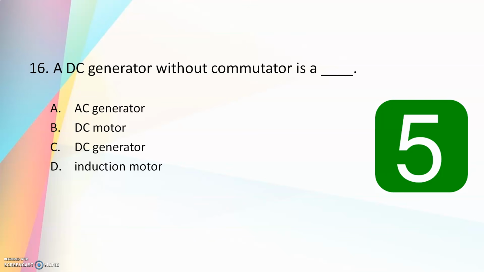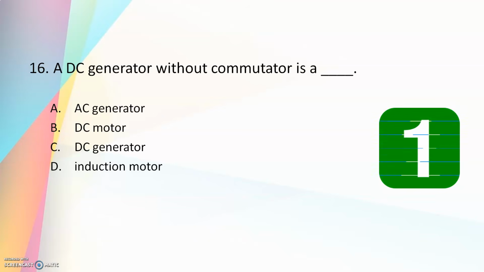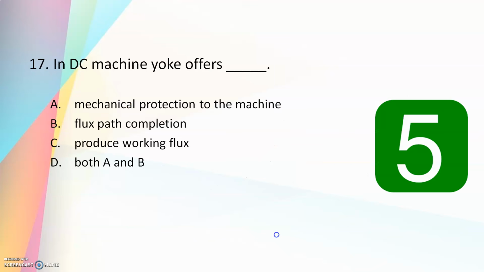A DC generator without commutator is an AC generator, DC motor, DC generator, or induction motor. And the answer is AC generator because a commutator is used to convert AC current into DC current. If commutator is not present, then it will act as AC generator but with huge losses.